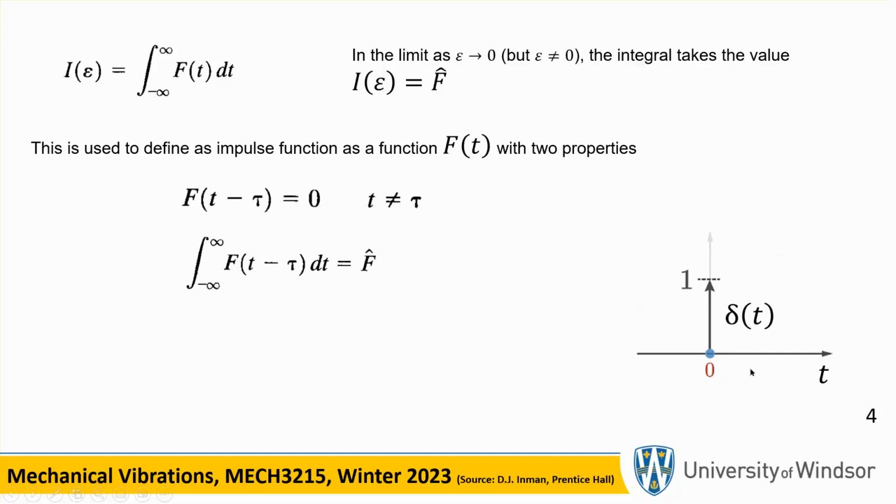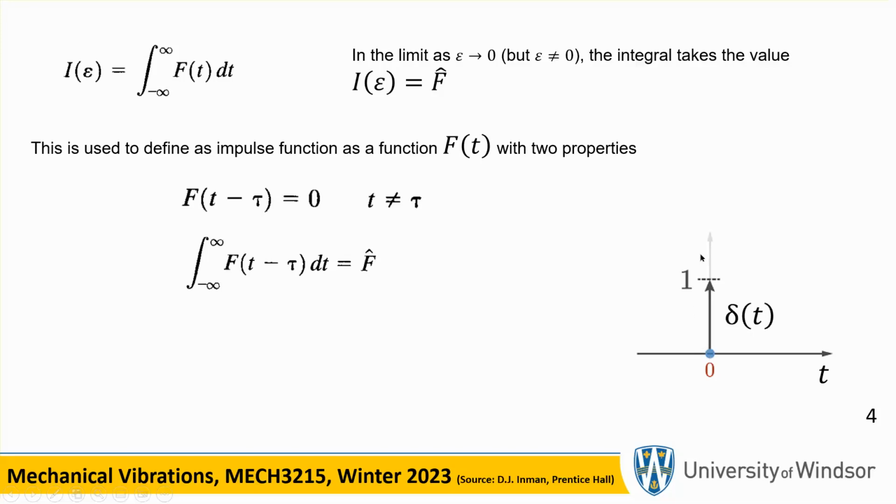This is how it's drawn, okay? This does not do justice because the function delta of t does not have a value 1, essentially because it's some abstract idea that we're talking about.